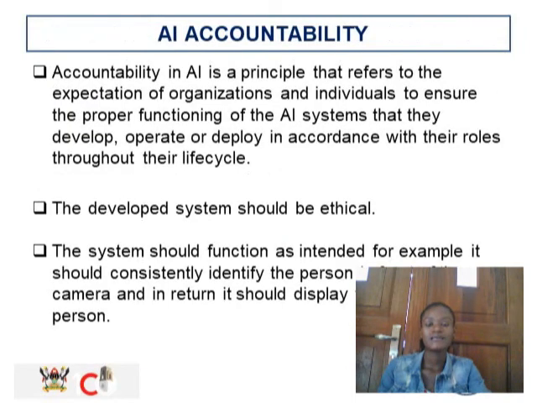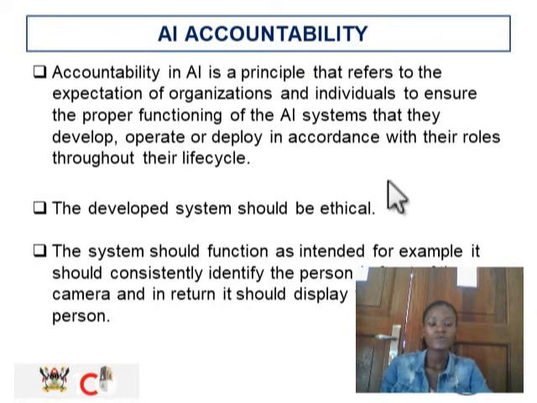Finally, let's look at AI accountability. Here, I try to state it as: accountability in AI is a principle that refers to the expectation of organizations and individuals to ensure the proper functioning of AI systems that they develop, operate, or deploy in accordance with their roles throughout their life cycle.